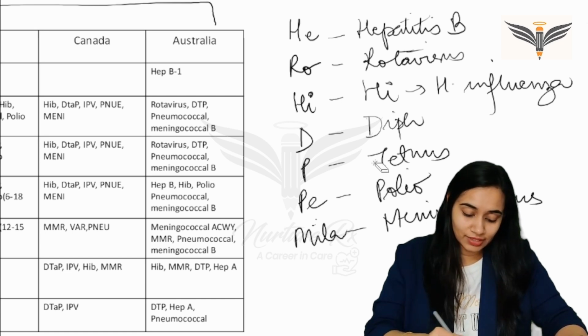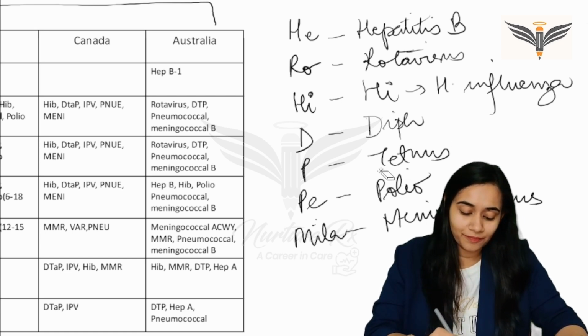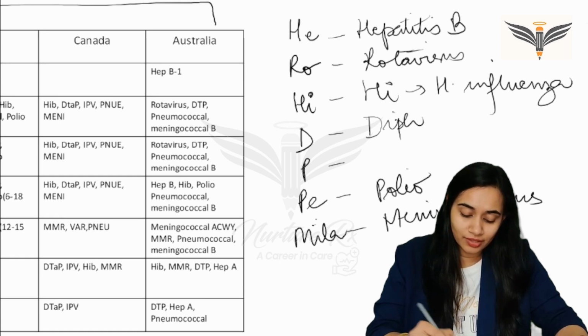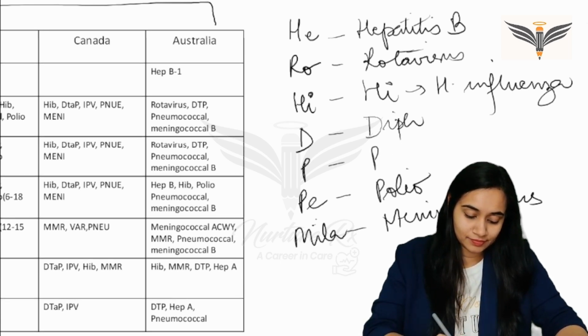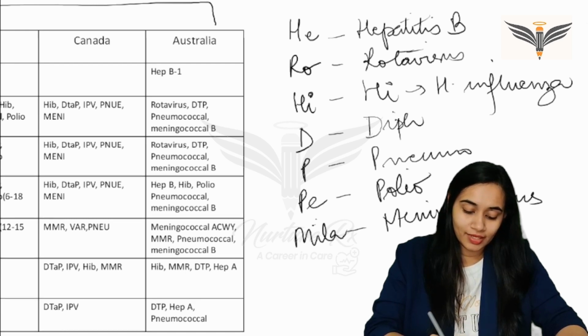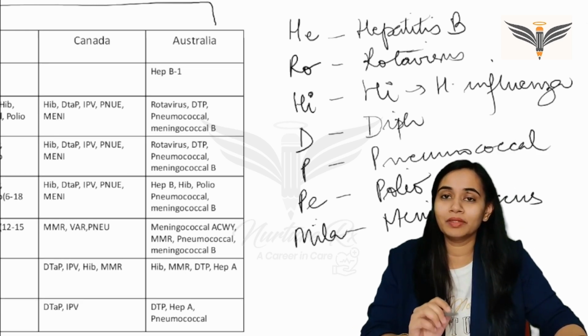So, D was for diphtheria pertussis tetanus, DPT. P is your here pneumococcal vaccine, right? So, now we have learned this mnemonic hero, he, DP, pay, mila.